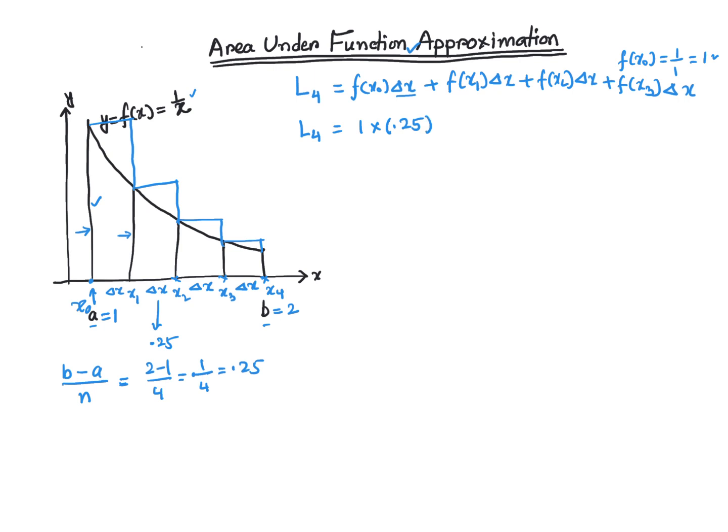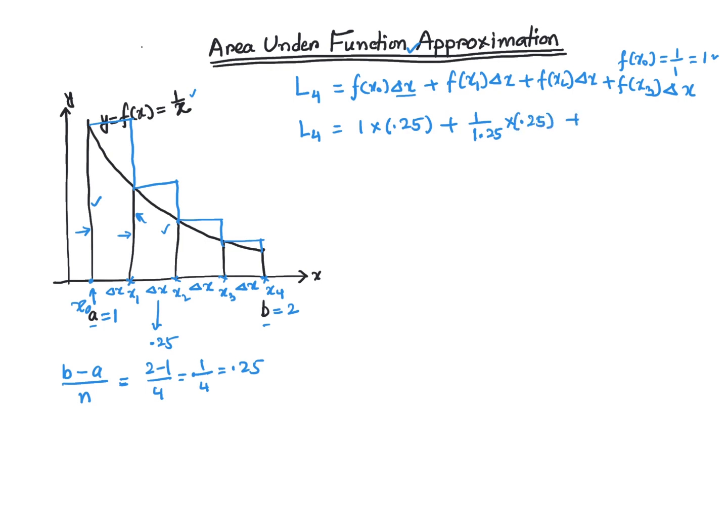Now for the second rectangle, this side is going to be the left side, which is f of x sub 1. Here you have to remember that at this point my x value is 1.25, so it's 1 over 1.25 times delta x, which is 0.25.